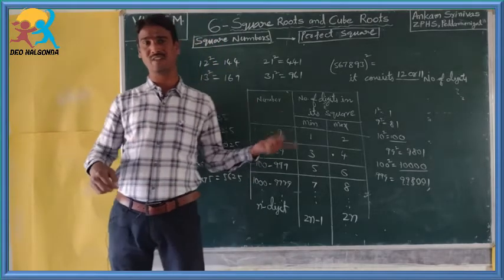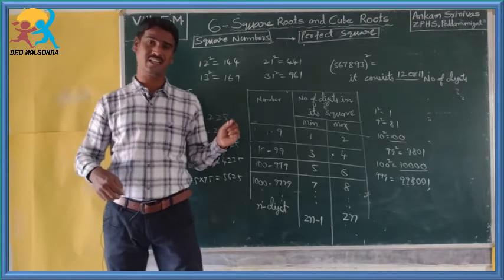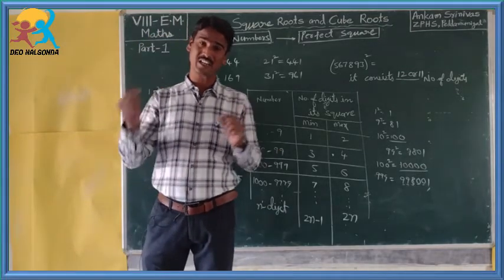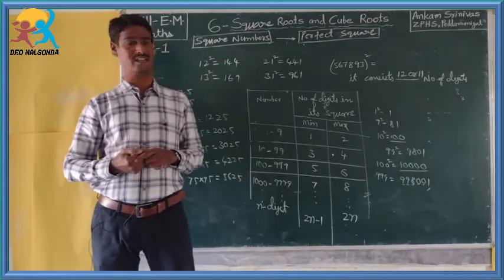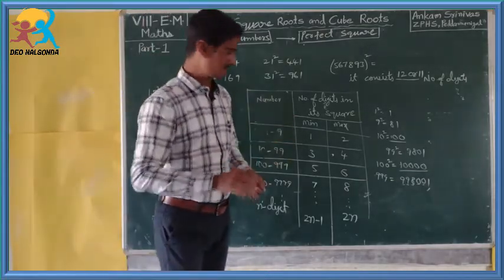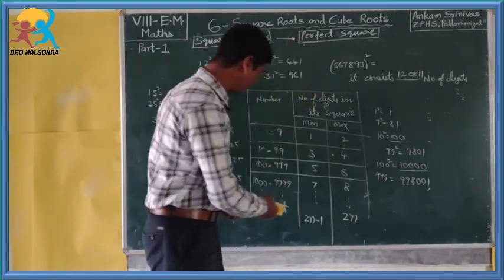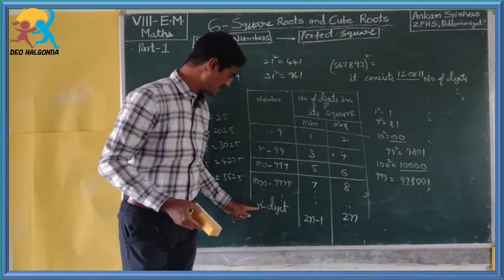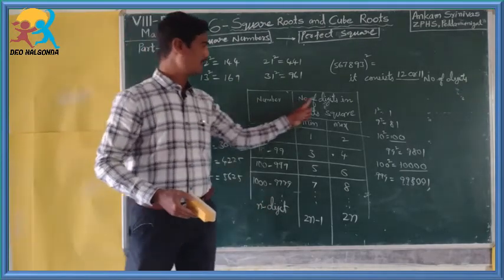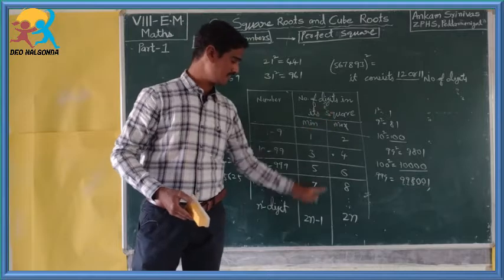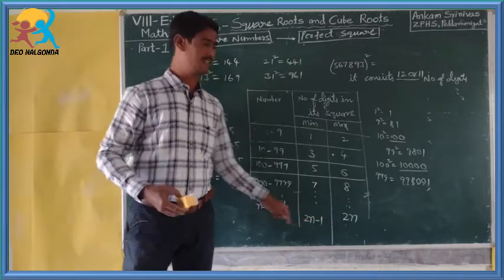If I take a 15 digit number, the square of a 15 digit number consists of 30 digits or 29 digits. So in this pattern we got: if the number of digits of a number is n, then the number of digits of its square is equal to 2n or 2n minus 1.